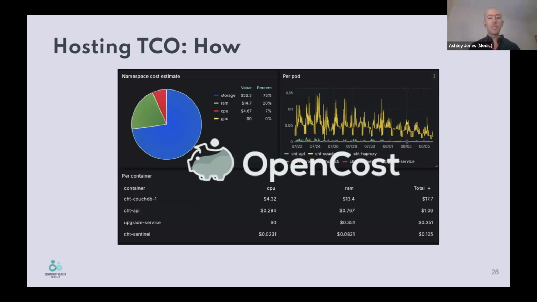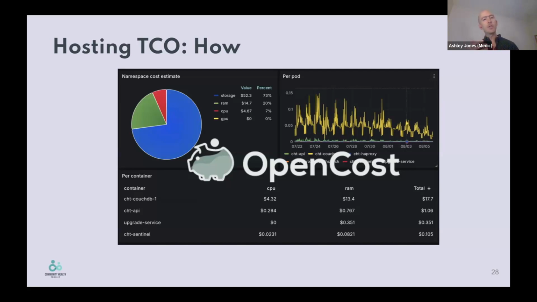The way we do this is with an industry standard tool called OpenCost. What OpenCost does is it analyzes active containers in a Kubernetes cluster. Kubernetes is the current de facto way to run CHT 4.x instances. It does allow a multi-tenant solution where multiple CHT instances are running, but OpenCost allows you to silo the data just for one CHT instance.